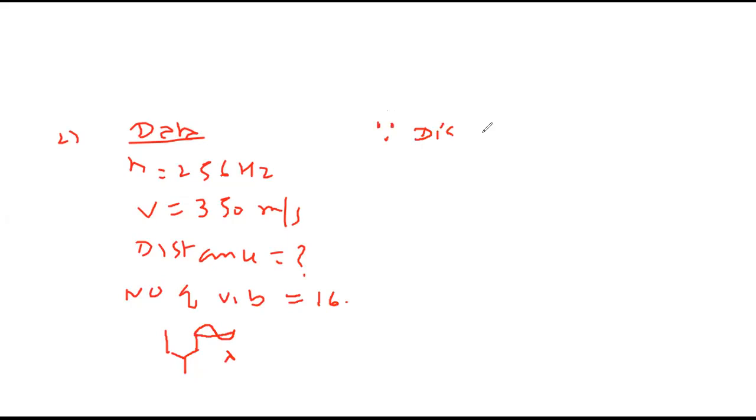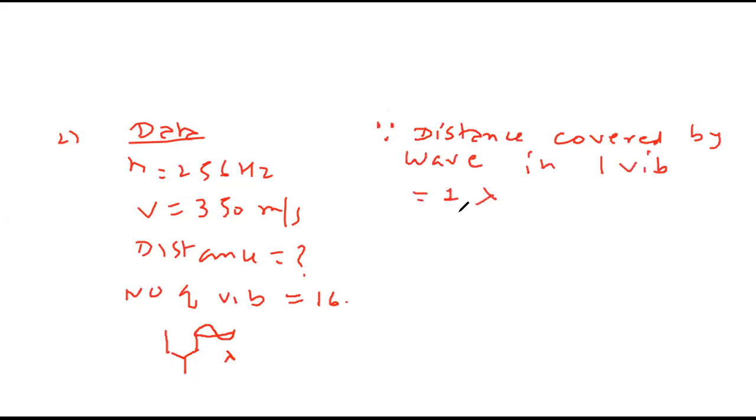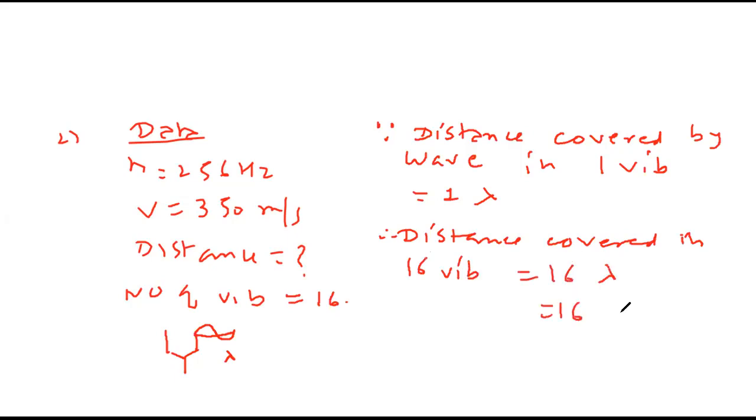Distance covered by wave in one vibration equals 1 lambda. Therefore, distance covered in 16 vibrations equals 16 lambda. Lambda means V by N.